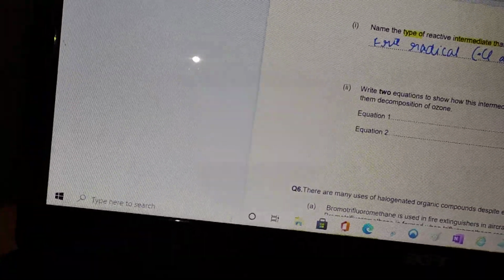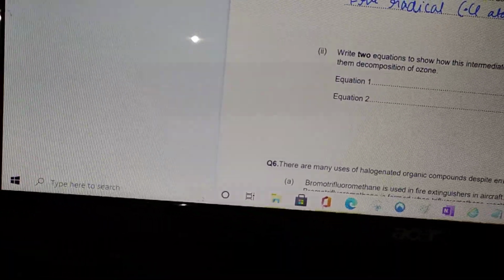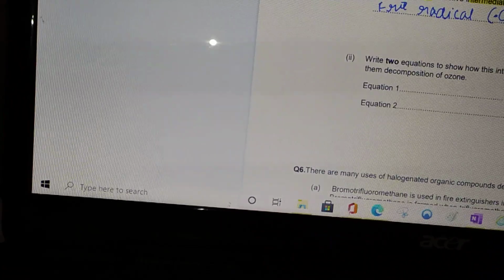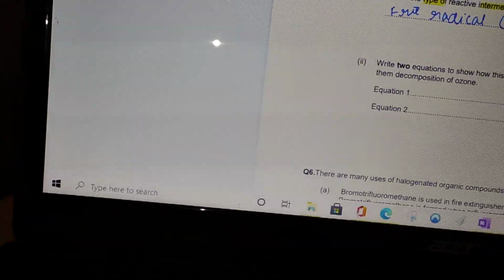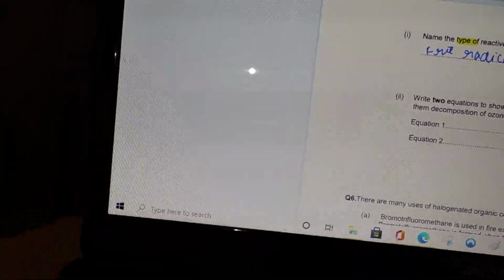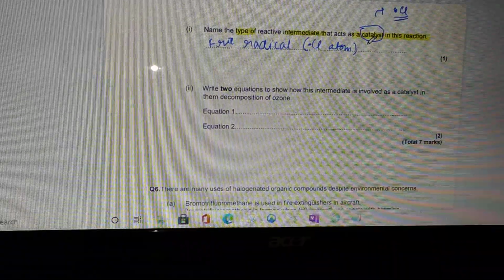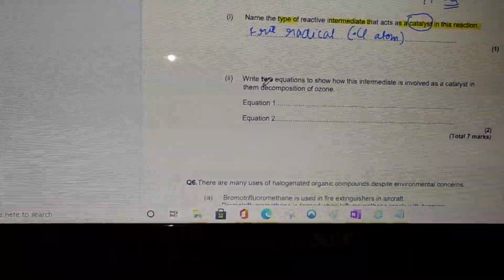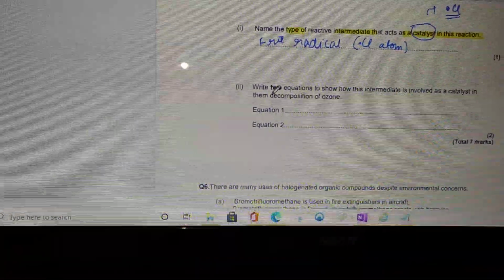Because of the catalyst, that's why you need to know in depth all the reaction. If you remember the termination step, the end product is actually a chlorine radical, showing that the chlorine radical acts as a catalyst, and it's regenerated at the end of the reaction. Therefore, the only reactive intermediate that acts as a catalyst can only be our chlorine free radical.